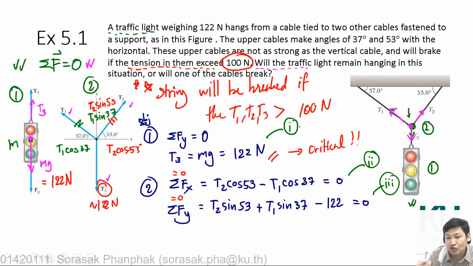Now you can solve for the individual values, or you can substitute in the value that you want. So from the first equation, you have T2 in terms of T1, which is T2 equal to T1 cos 37 over cos 53.